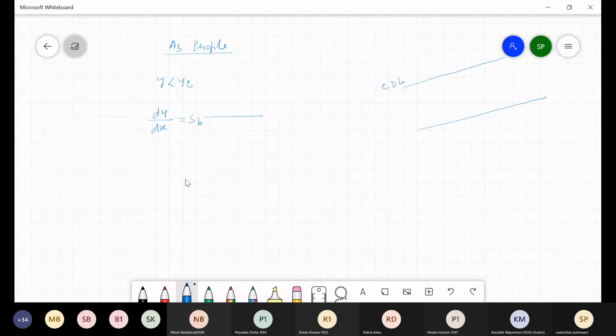This is negative, so dy by dx will be what? Positive, sir. This is negative, this is negative, ultimately positive. So it is a rising profile.